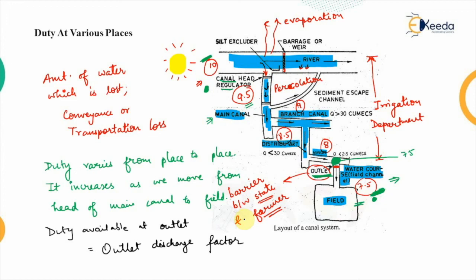The duty which is available at the outlet, that is, the amount of water that will be available at the outlet because of the installation done by the government, is known as the outlet discharge factor, and that's why this term is important.